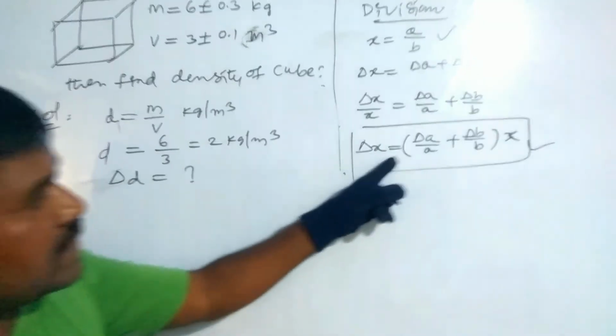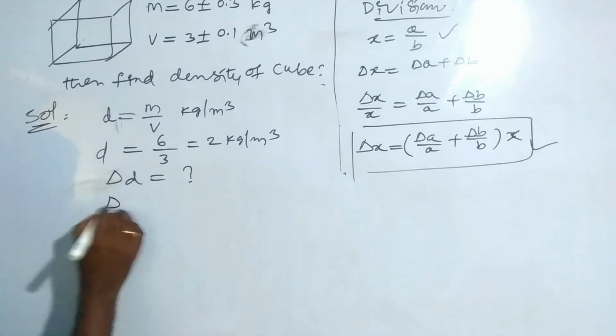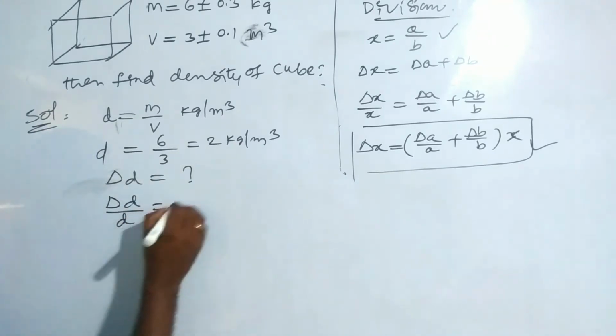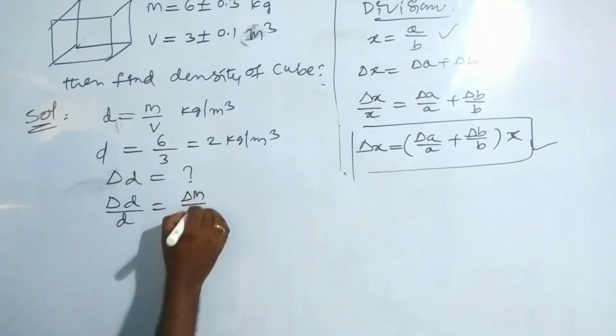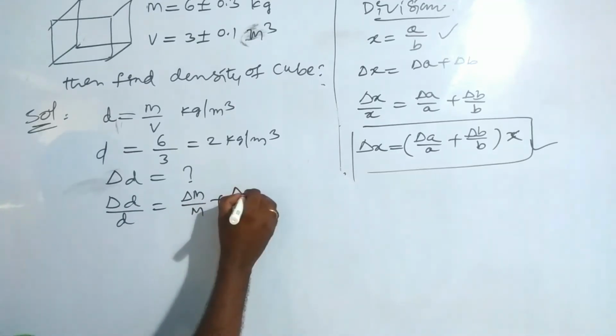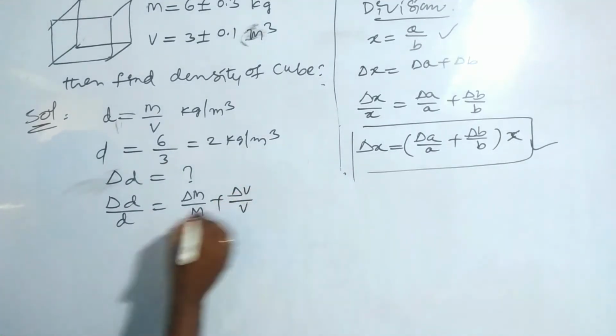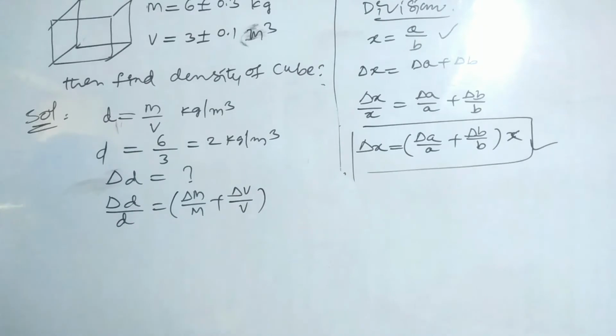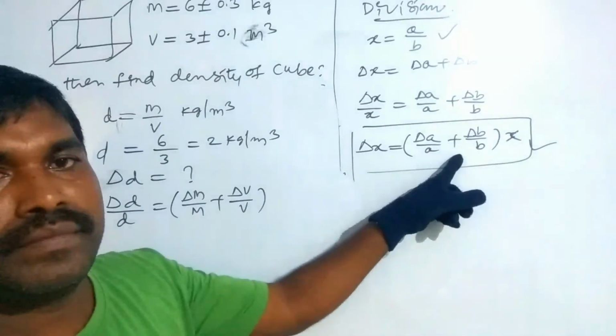The formula is delta D by D is equal to delta M by M plus delta V by V. Both are the same, so we have to use the plus.